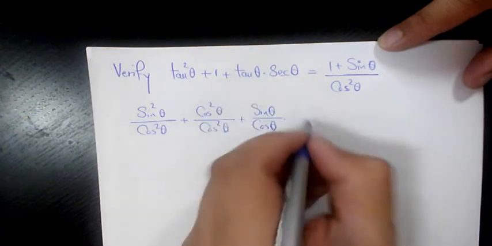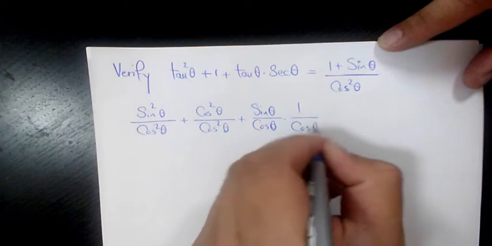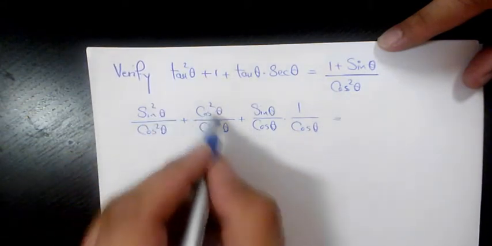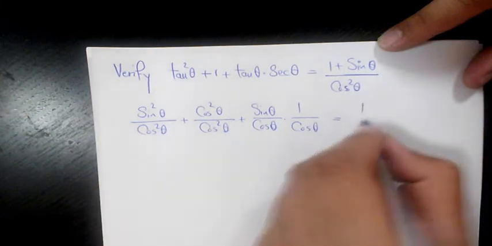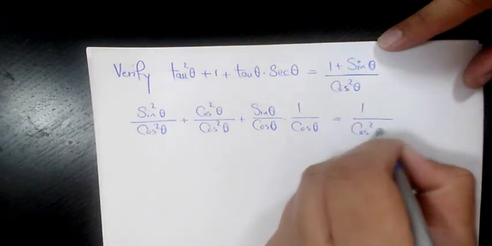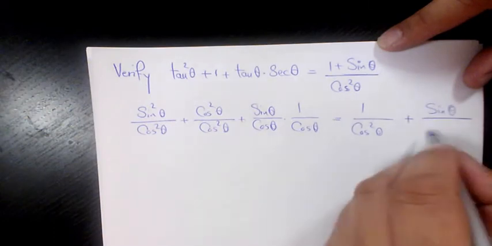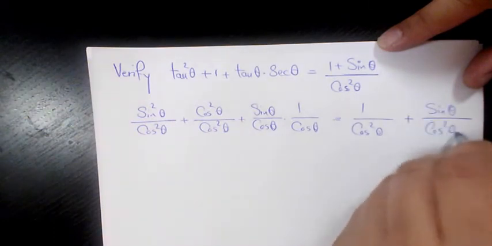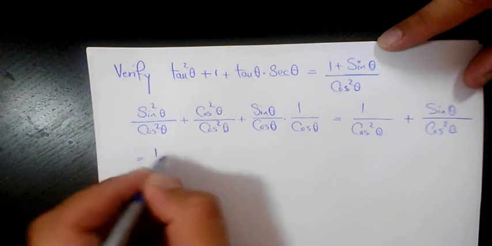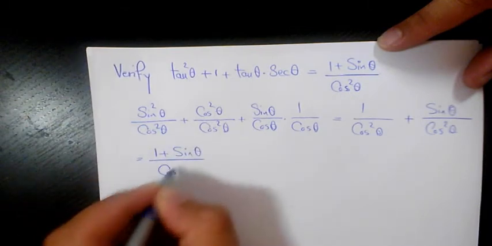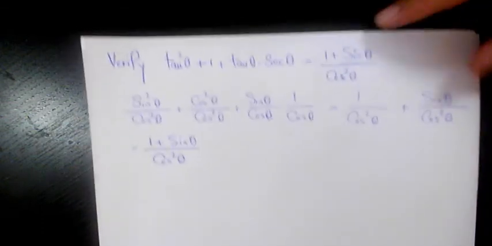Secant is 1 over cosine. So that will be sine squared plus cosine squared, which is 1, over cosine squared theta plus sine theta over cosine squared theta, which will be 1 plus sine theta over cosine squared theta.